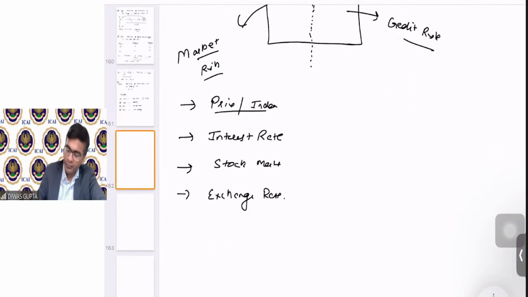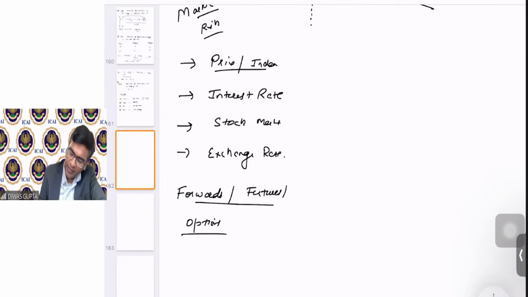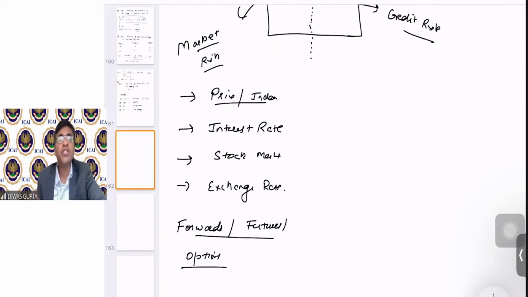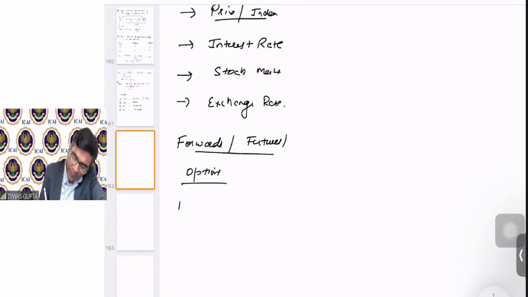Okay. Forwards, futures, and options have catered to such financial part of market risk.